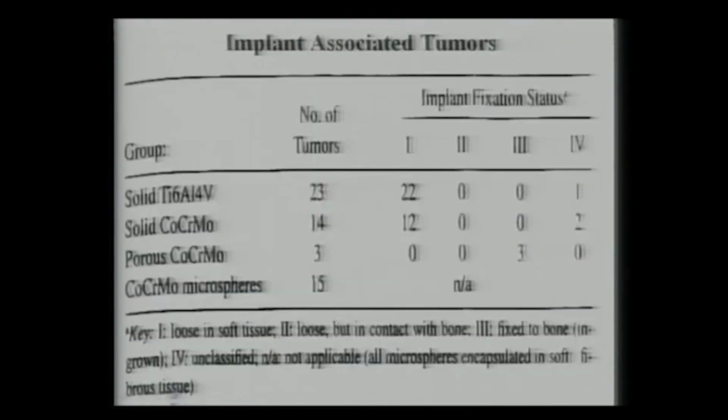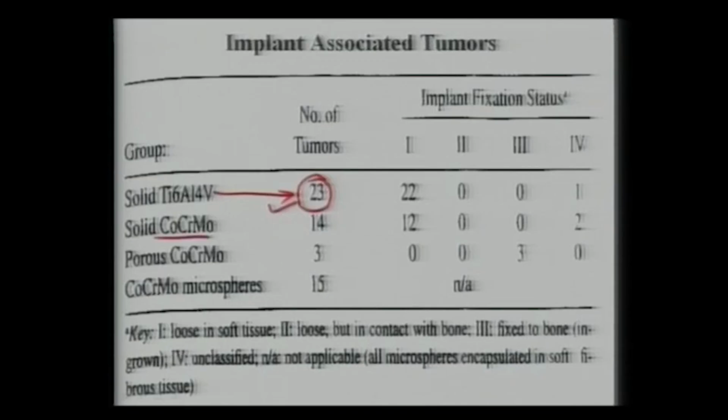Now, another important thing is implant associated tumors. If you talk about the different metallic solids like titanium 6, aluminum 4, vanadium, a number of tumors were investigated in certain patients. It has the largest tendency of causing tumors, and if these tumors are malignant, then they can cause cancer in the patients.